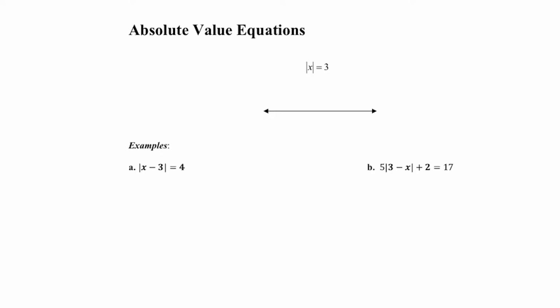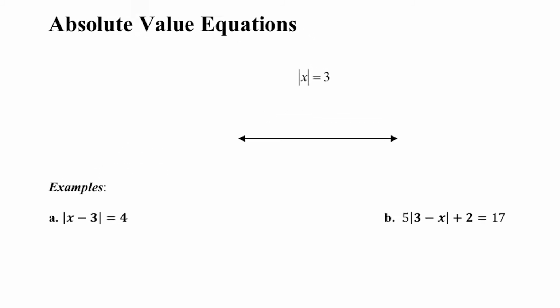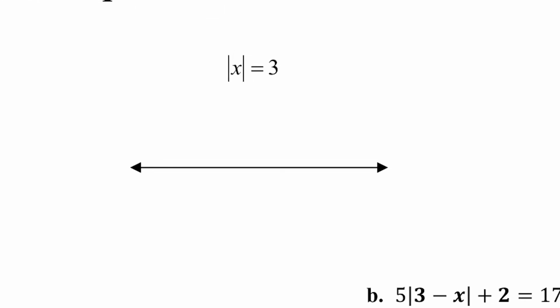So if we look at a basic example up here, absolute value of x equals 3. I have a little number line. I'm going to put 0 right in the middle. So what this is saying is that your distance from 0 is 3. If my distance from 0 is 3, then I could either have gone 3 in this direction, or I could have gone 3 in the negative direction.